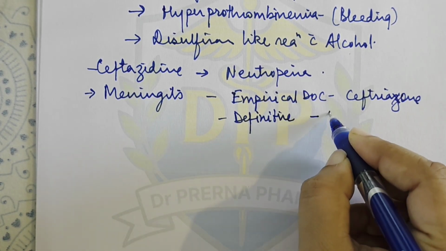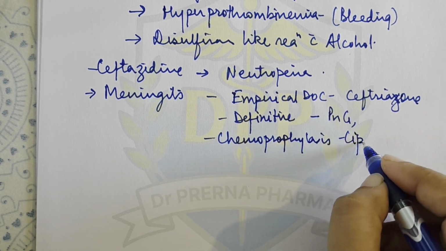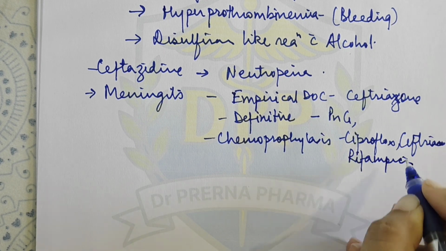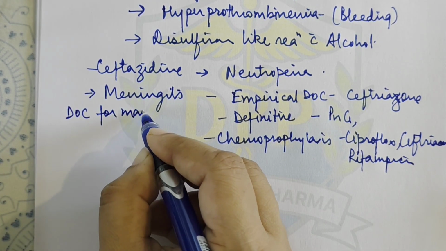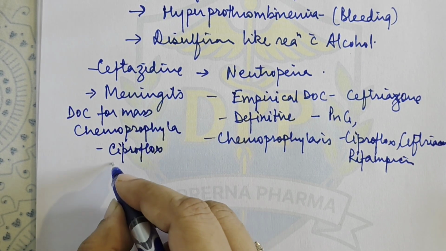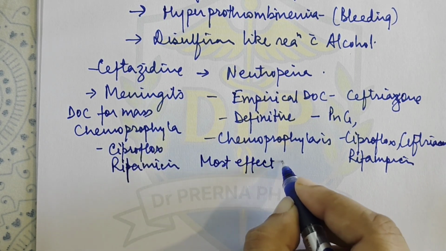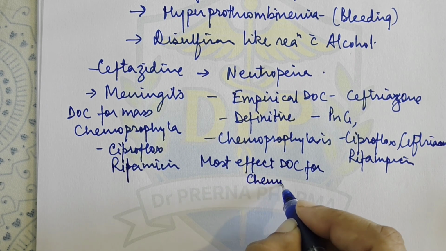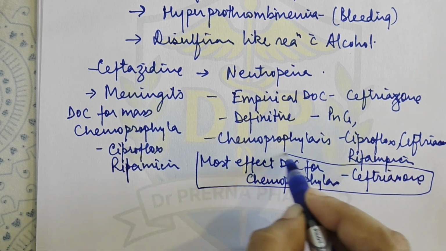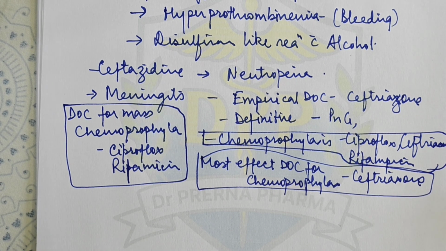The definitive drug of choice is penicillin G. The drugs used for chemoprophylaxis are ciprofloxacin, ceftriaxone, and rifampicin. The drug of choice for mass chemoprophylaxis is ciprofloxacin and rifampicin. The most effective drug for chemoprophylaxis is ceftriaxone.